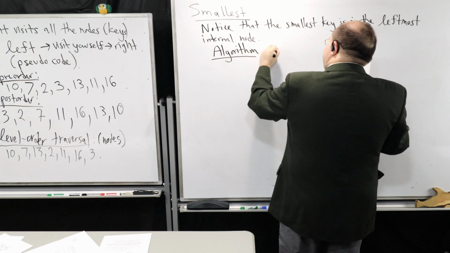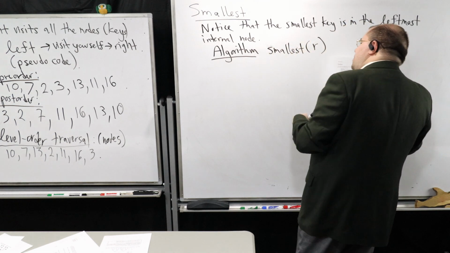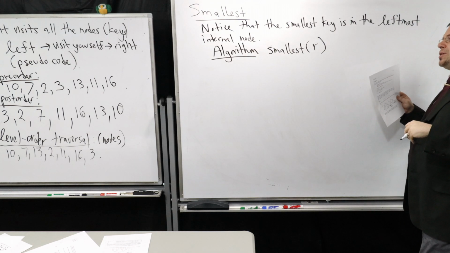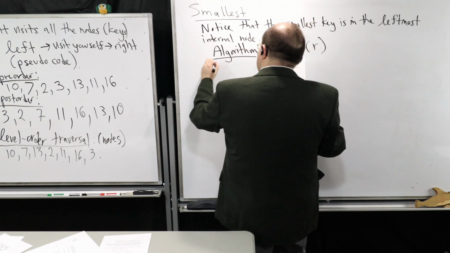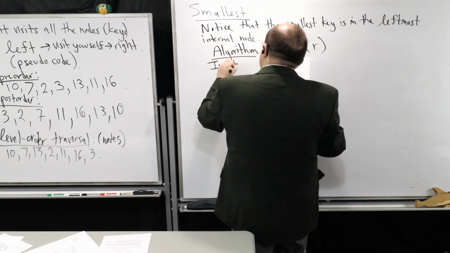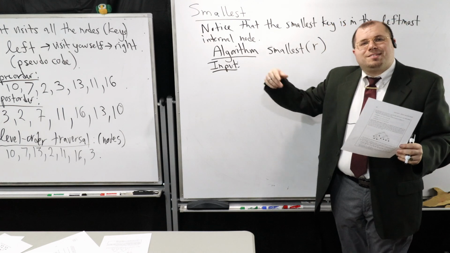All I'm going to do is give you smallest. It's called smallest. I'm going to presume that the smallest operation is given a node that is the root. I must stress that the root is just some pointer to some node.